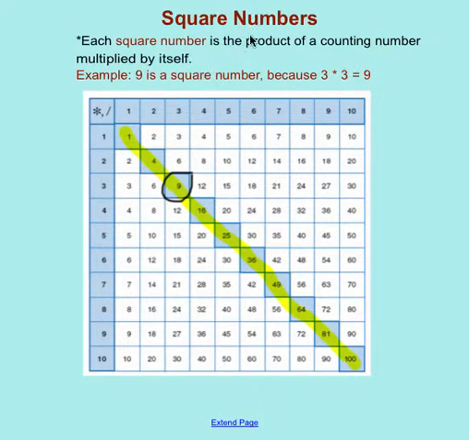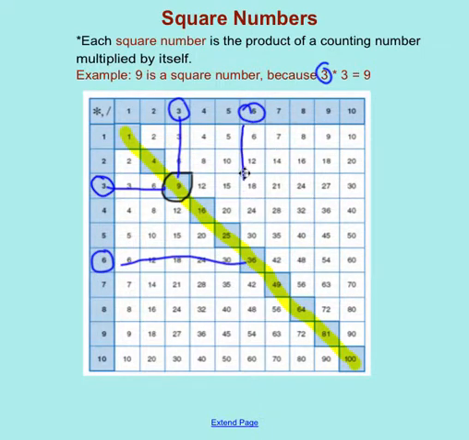For example, 9, which I've circled here, is a square number because 3 times 3 is 9. 3 is a counting number, and it's multiplied by itself. So 3 times 3 gives us 9. 6 is a counting number, multiplied by itself, 6 times 6 gives us 36, another square number.